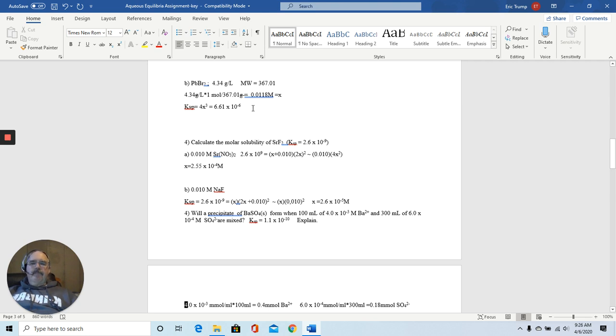And so that is our X. Since this is a 1-to-2 ratio, lead is X, bromide is 2X, and we square the 2X, so combining terms, this is 4X cubed. And so our KSP is 6.61 times 10 to the minus 6th.